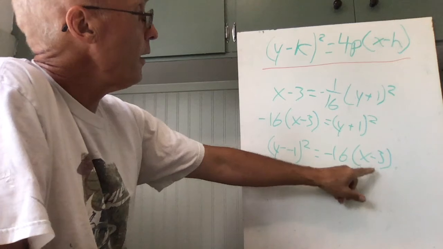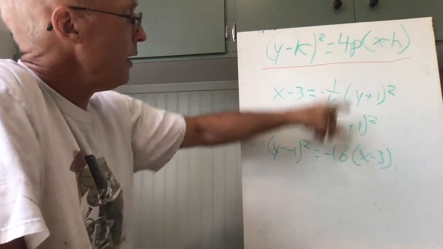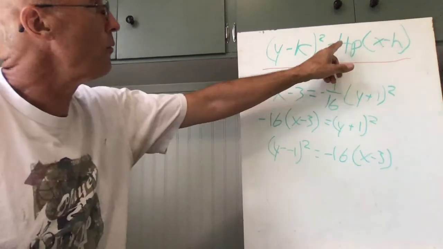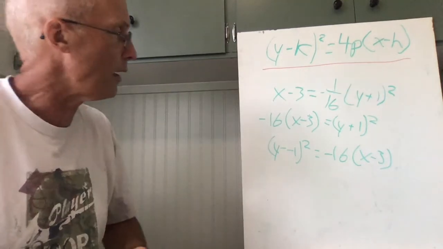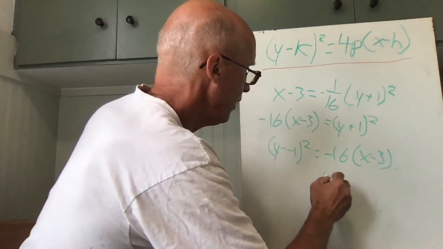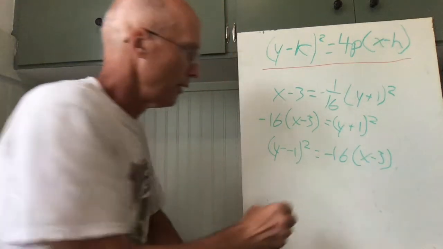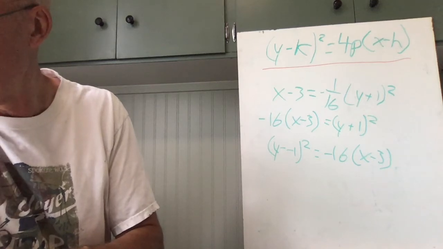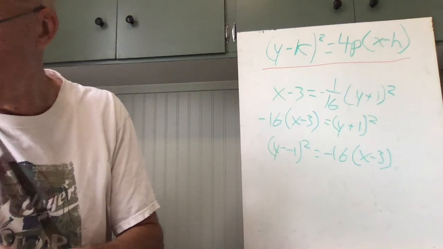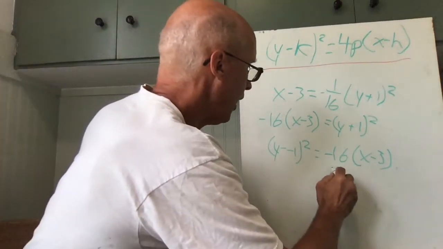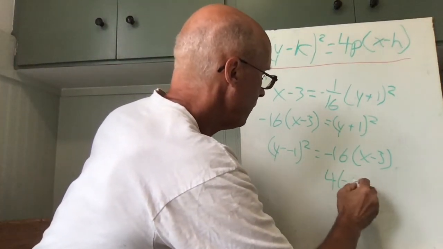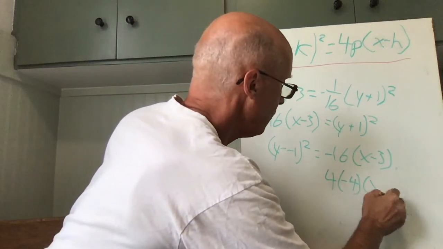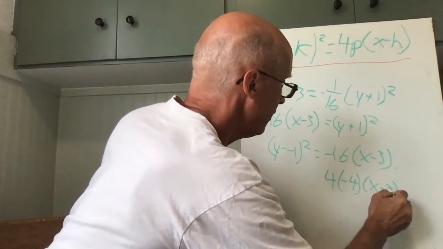We want this to be in terms of 4 times positive p. Let me check what they got here. We want it to be positive 4 times negative 4. That gives us negative 16 times x minus 3.